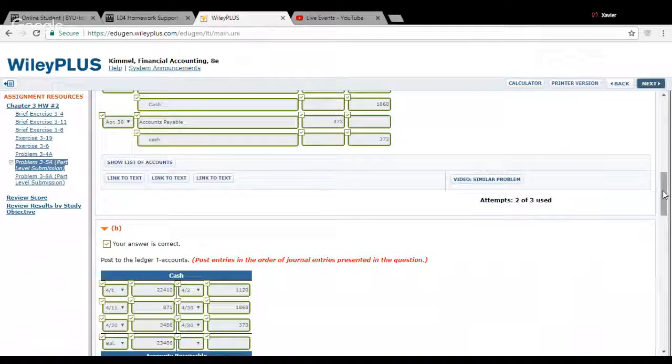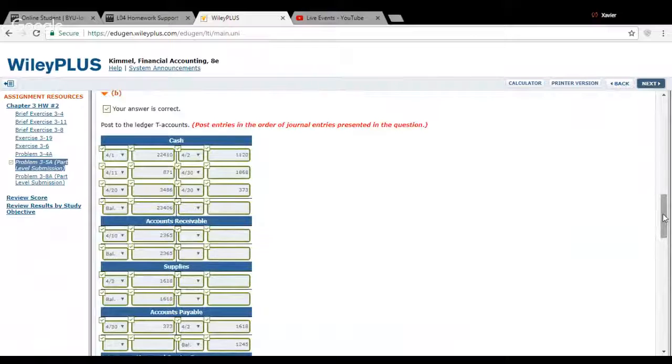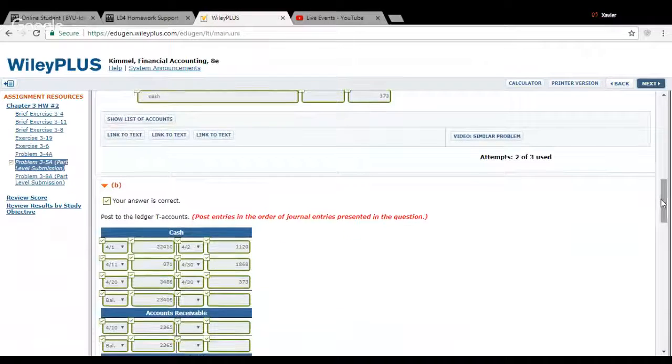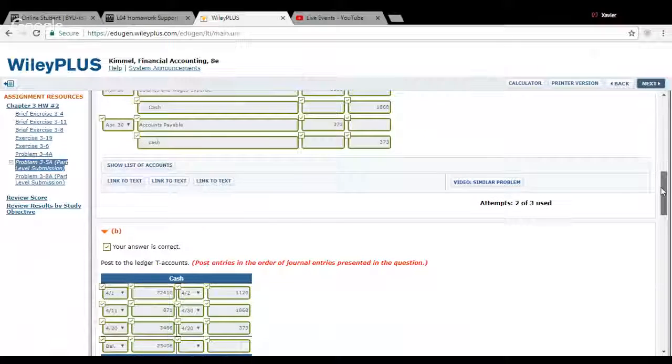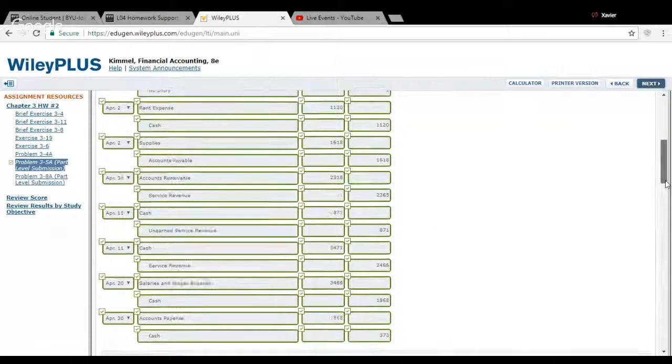So now we're going to post it to the ledger for the T accounts, the credits and debits. Back up here, follow each line. So for cash, for the very first one, cash is going to come from April 1st, where we debited cash. So we're going to log that in down here.